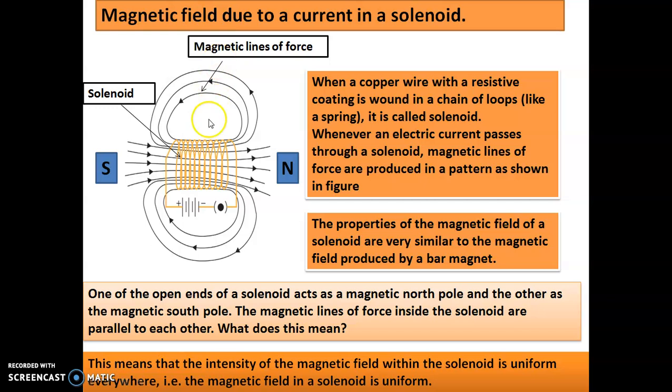And as you move out of the solenoid, you can see that it is forming arcs. That means the intensity of the magnetic field is changing. Here it is more, and as we move away, it becomes lesser.